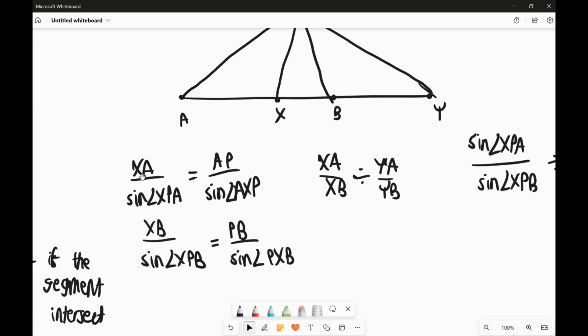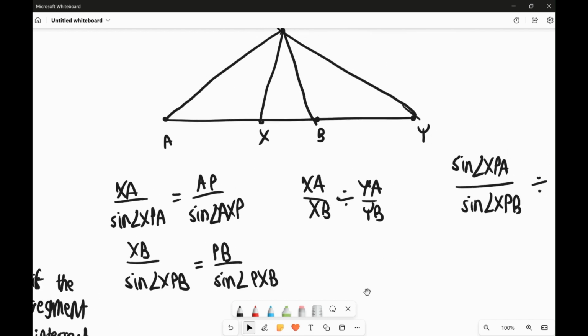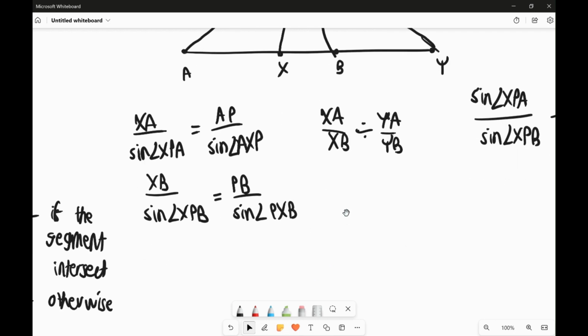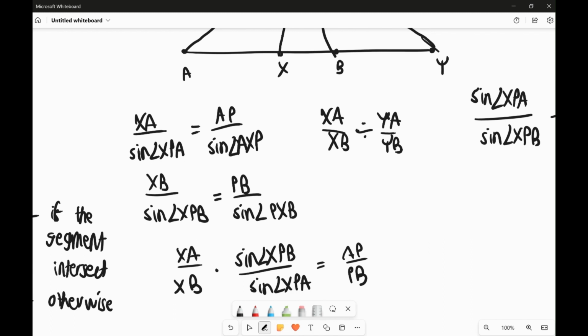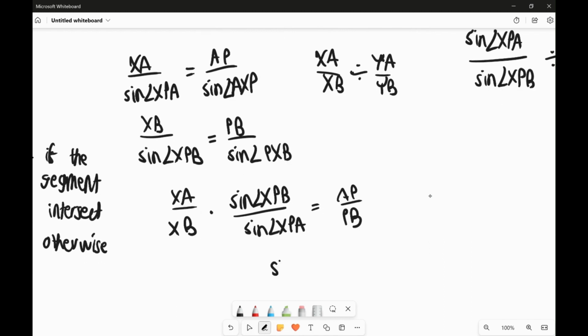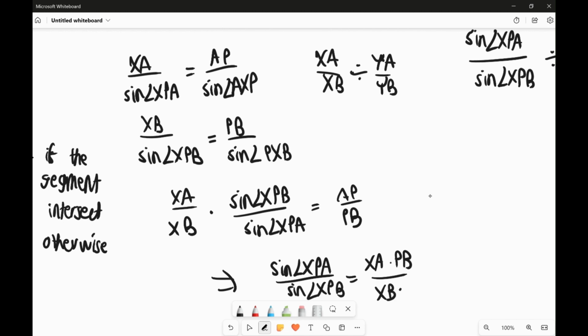Thus, whenever we divide these two, since sine of AXP is equal to sine of BXP, we get that XA over XB times sine of angle XPB over sine of angle XPA is just equal to AP over PB. And therefore, sine of angle XPA over the sine of angle XPB is equal to XA times PB over XB times AP.